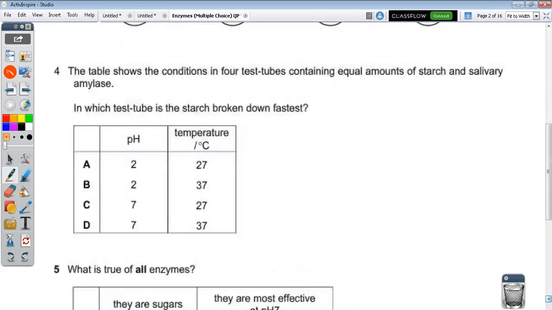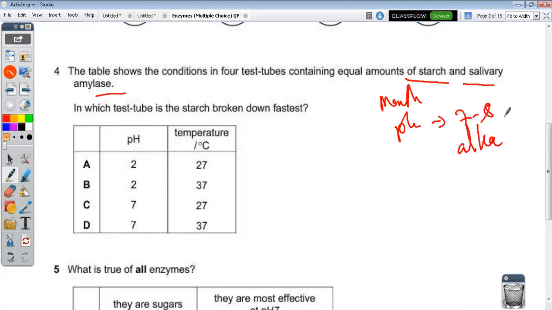That's how enzymes work. Then this one now, people were forgetting. The question is talking about starch and salivary amylase. We said salivary amylase works in the mouth, and the pH in the mouth is 7 to 8, so it's alkaline, it's never acidic. The only region in the alimentary canal that is acidic is the stomach.